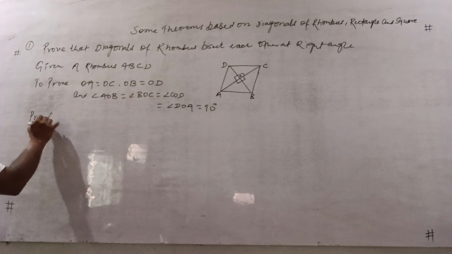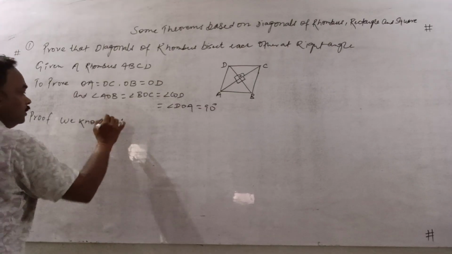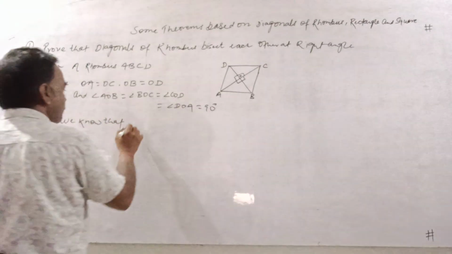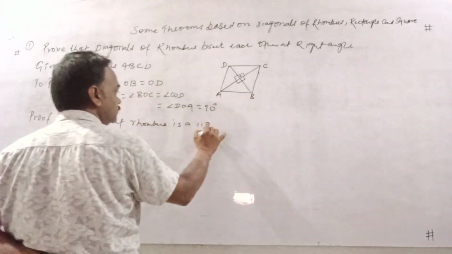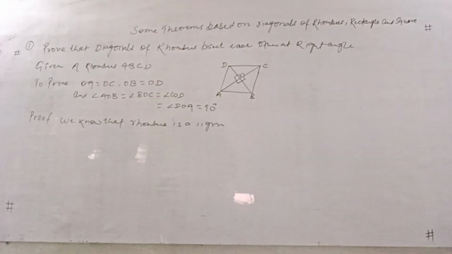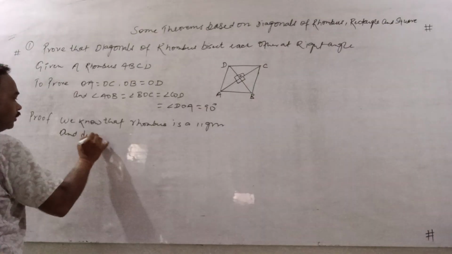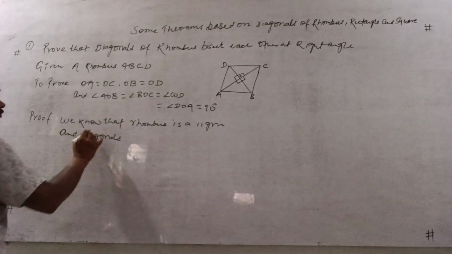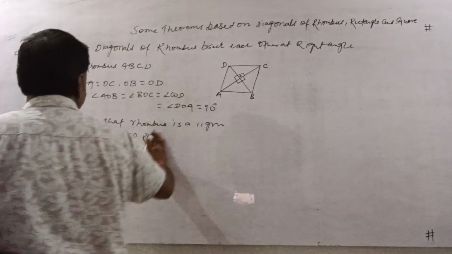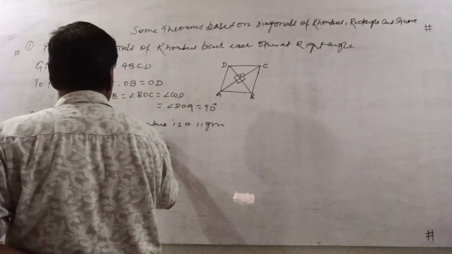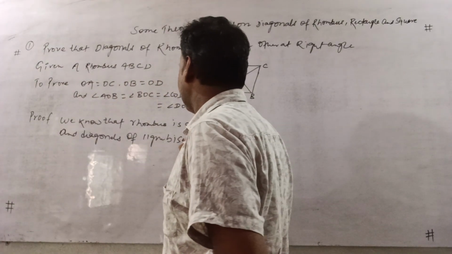See the proof. We know that rhombus is a parallelogram, and diagonals of a parallelogram bisect each other.